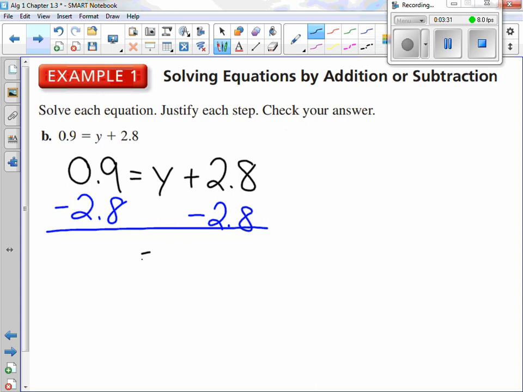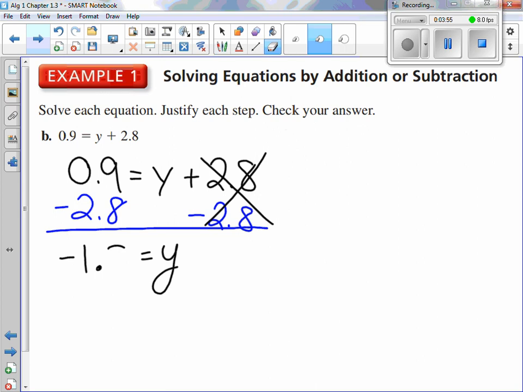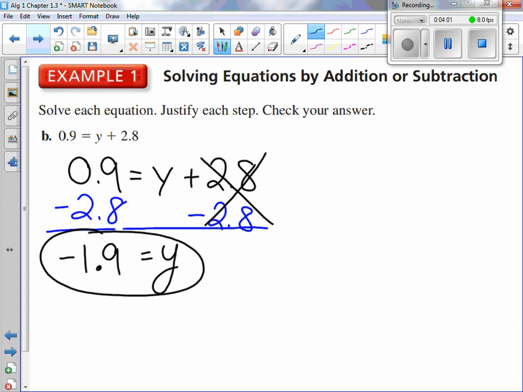So over here we'll have y. Well, 2.8 minus 2.8, these cancel. Now we have 0.9 minus 2.8. And again, if you have trouble doing this in your head, you can write it out, or you can just use a calculator. You can do 0.9 minus 2.8 in a calculator, and you're going to get negative 1.9 as the value of y.